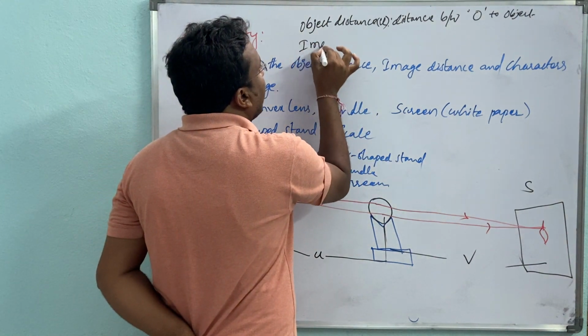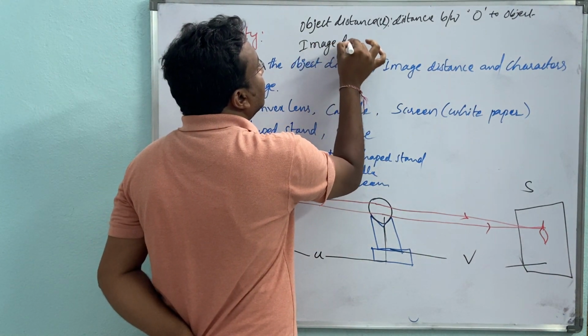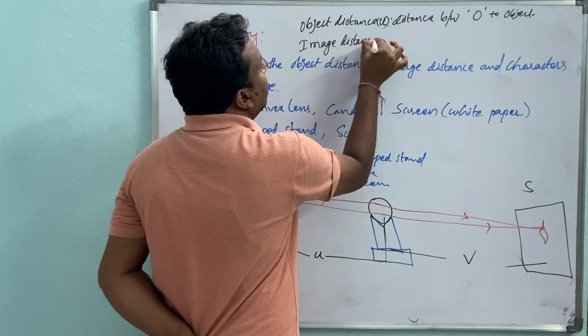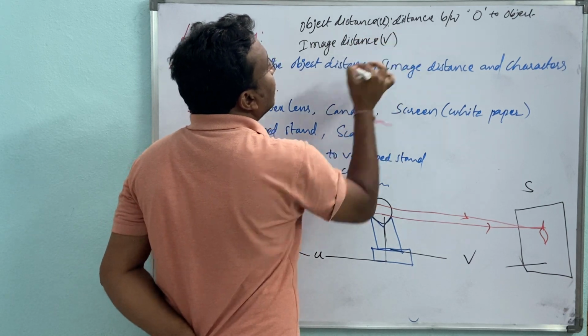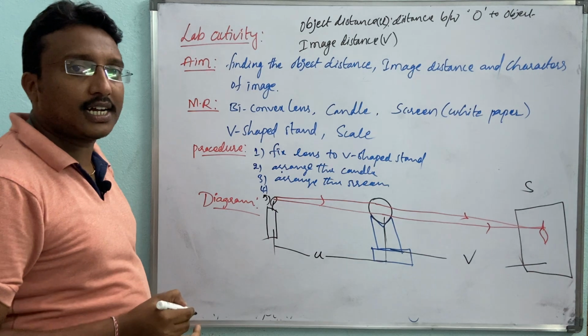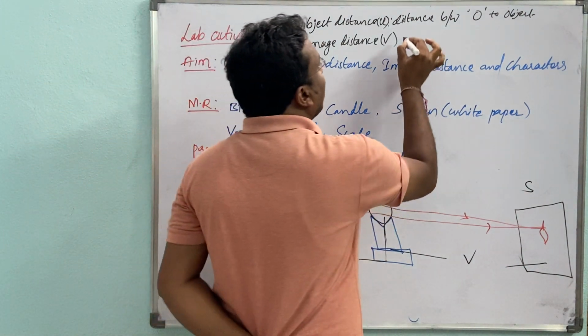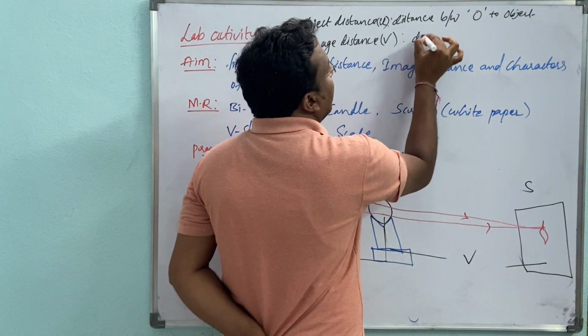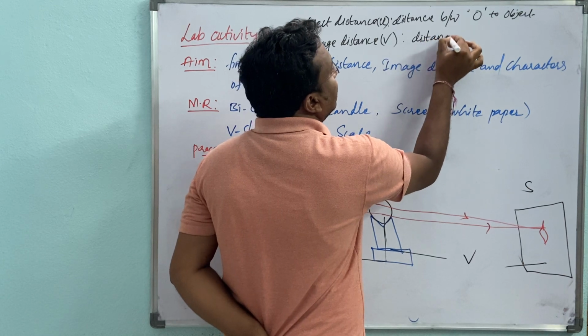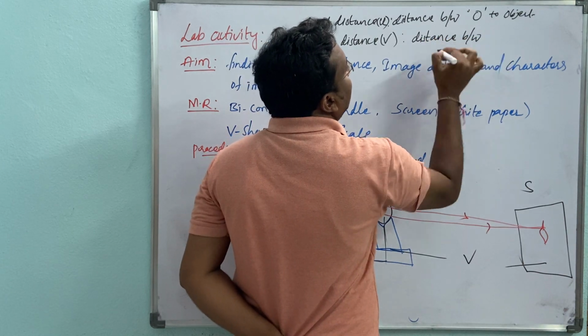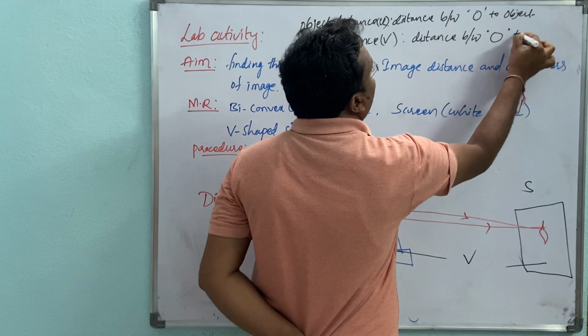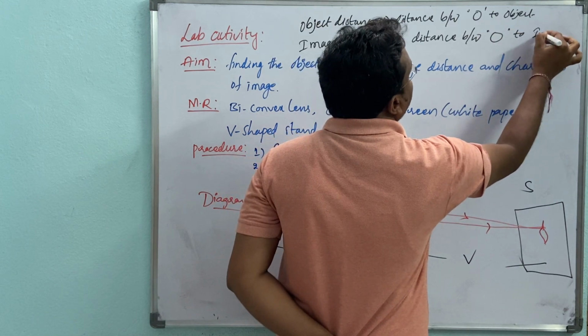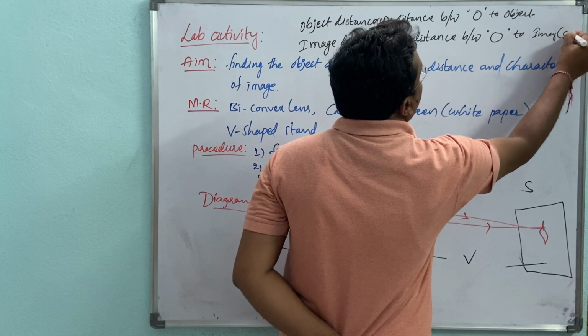And image distance we will designate with small v. Image distance is the distance between the optic center and the image or screen.